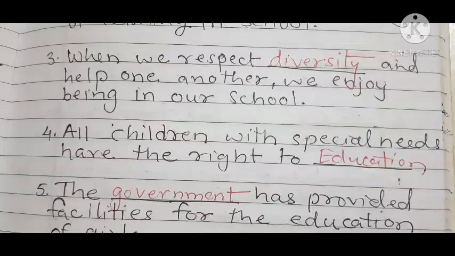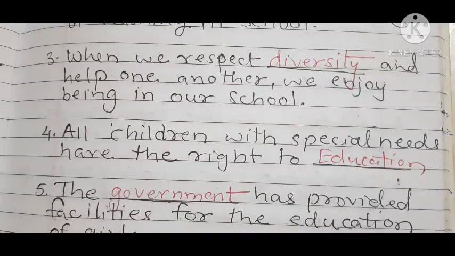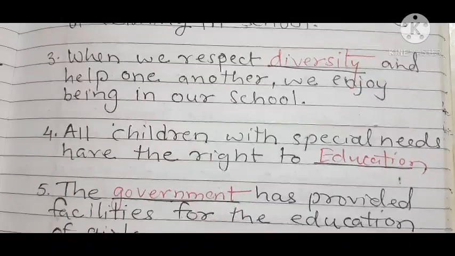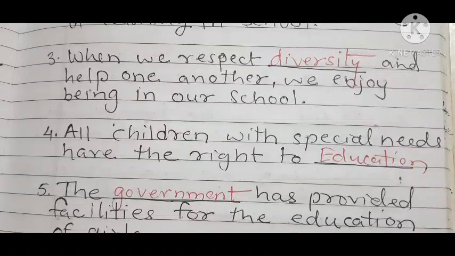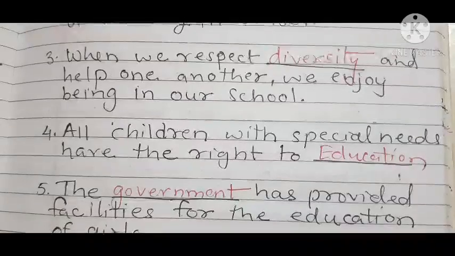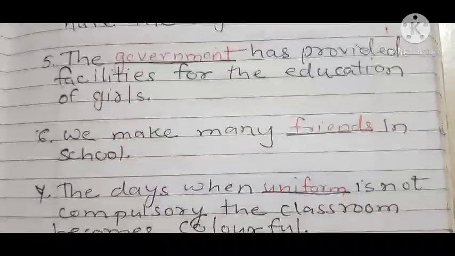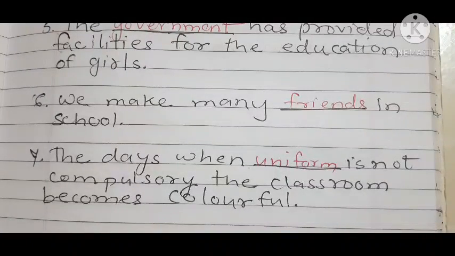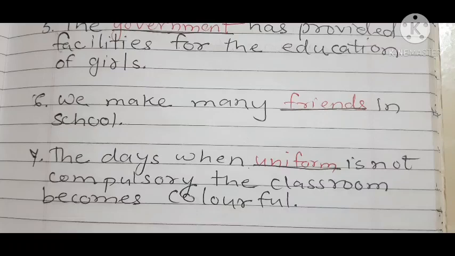All children with special needs have a right to education. The government has provided facilities for the education of girls. We make many friends in school. The day when uniform is not compulsory, the classroom becomes colorful.